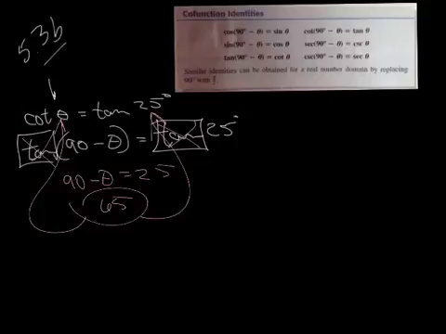Alright, let's look at the B portion of this. These aren't too terribly bad, especially when you come off lesson 5.1 and 5.2. Alright, so we have sine of theta equals the cosine of negative 30. So again, we look up here at our table.